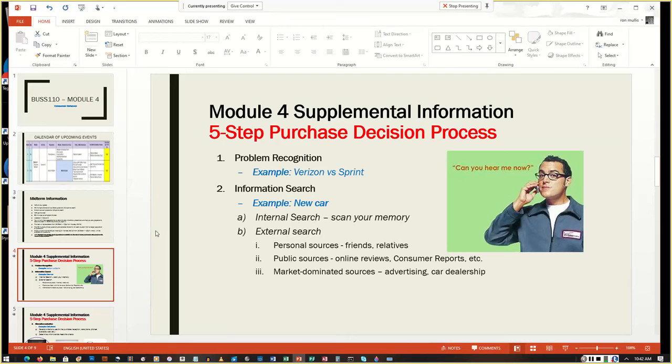If you don't remember the commercial, I think 5 or 10 years ago, the "Can You Hear Me Now" line, where Verizon poked fun at Sprint, saying that they have really bad reception. So when Verizon did these commercials, they were giving a comparison to show why Verizon was more dominant than Sprint. If customers that use Sprint didn't like the service or felt that the service was inferior, they probably wanted to try Verizon or another company.